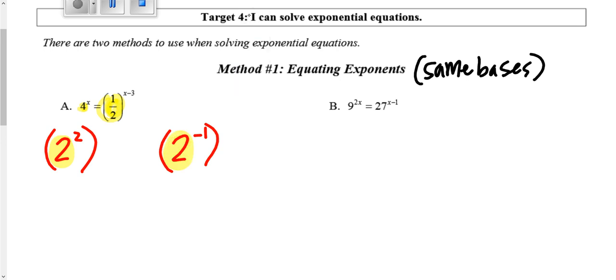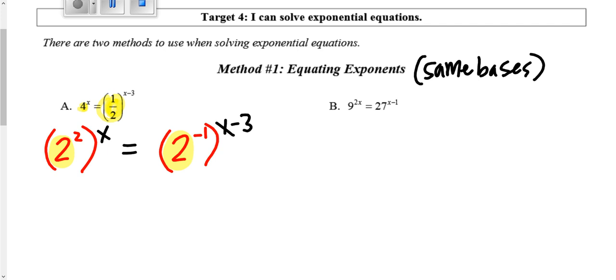Now I'm going to go back to the problem because I haven't written everything that was there. On A, it said 4 to the x, so now I have 2 squared to the x and 1/2 to the x minus 3. All I'm doing in this first step is rewriting those bases so that they're the same number.